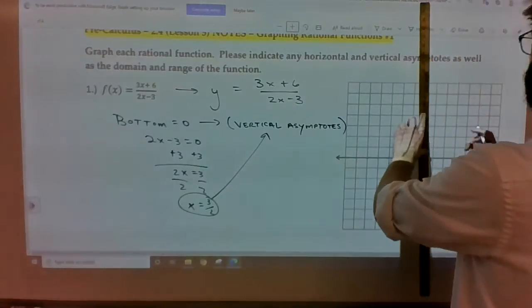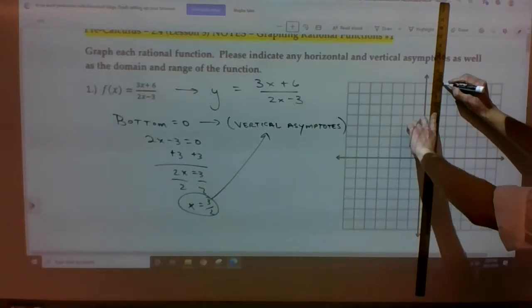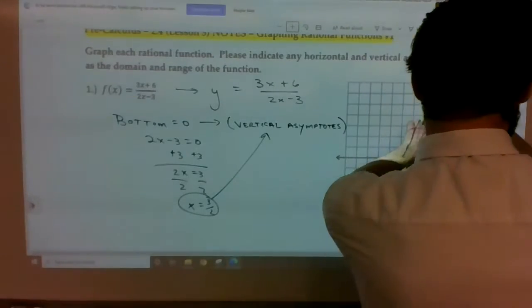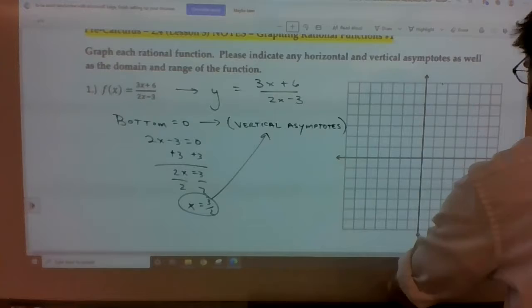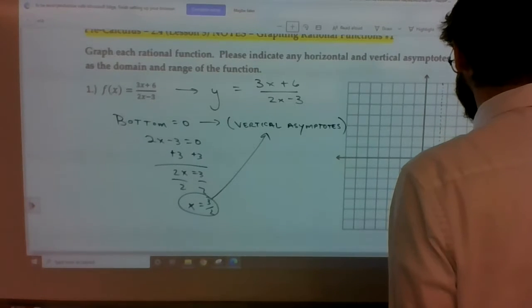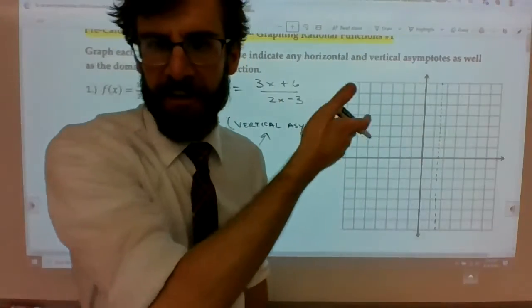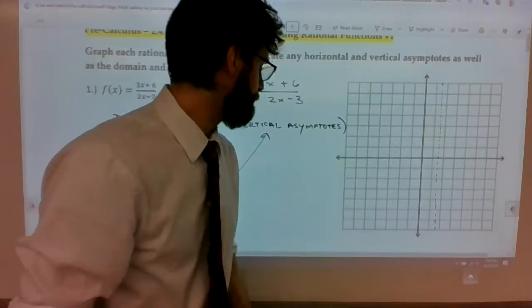Oh, shadows. Where is it? Okay. You know what? Let's just eyeball it. So you got a dashed line that basically splits through your graph at 1.5.